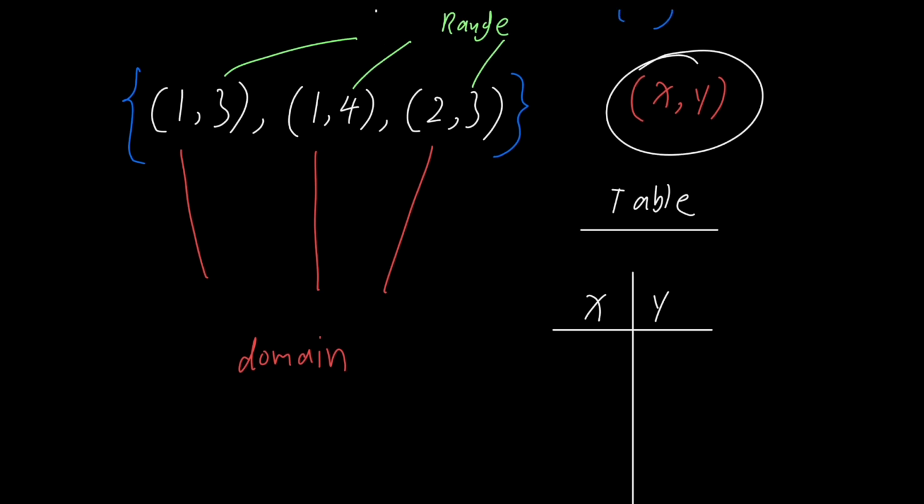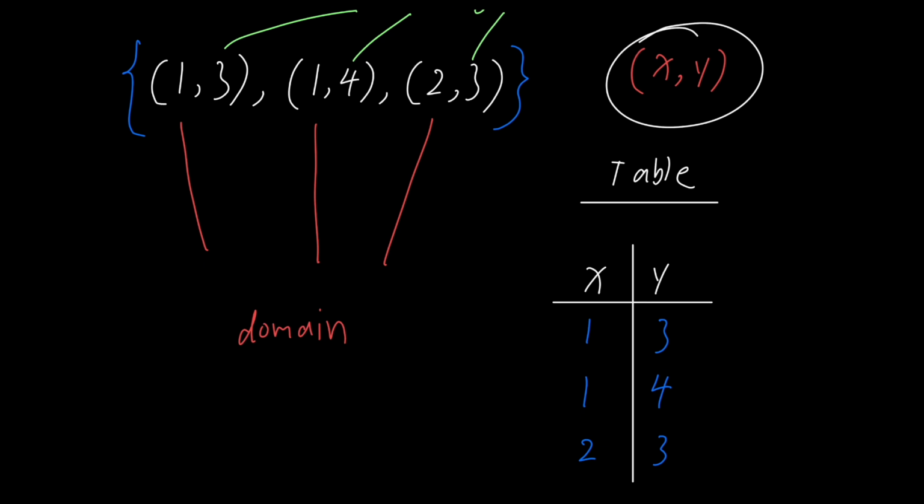And because we have the table, why don't we put these three ordered pairs into this table? The first ordered pair is (1, 3), so this is 1, this is 3. The second ordered pair is (1, 4), so this is 1, this is 4. The third one is (2, 3).